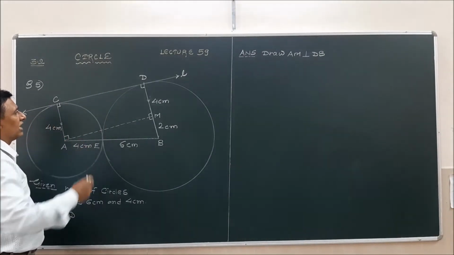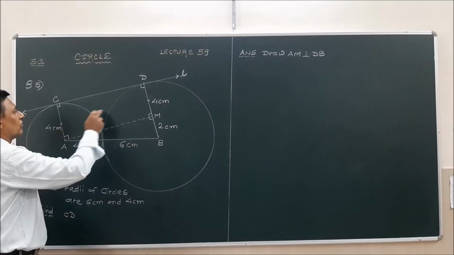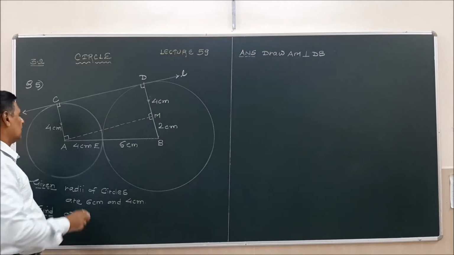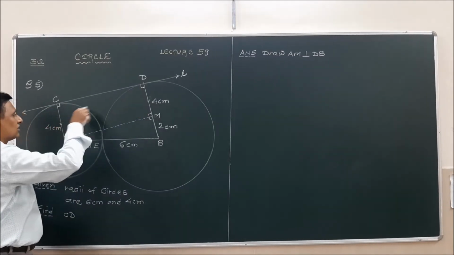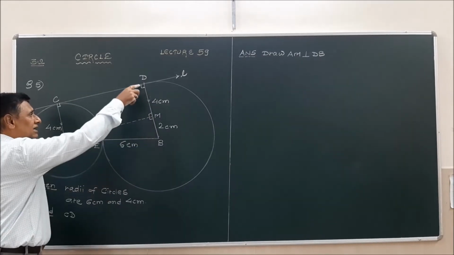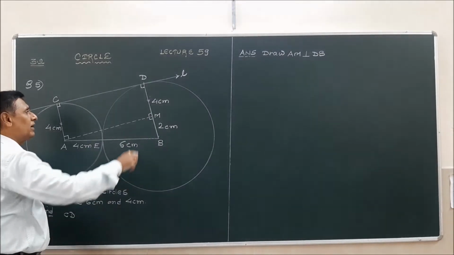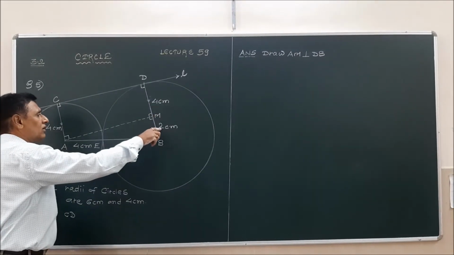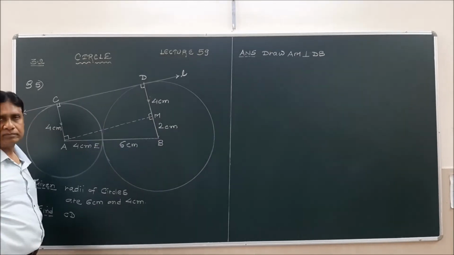Opposite sides of a rectangle are congruent. Therefore, AC is equal to MD, that is equal to 4. But total BD is 6, so the remaining BM is 2, because BD is the radius of the larger circle.